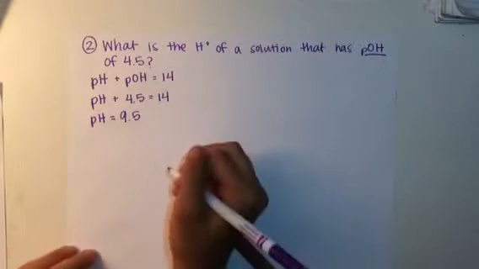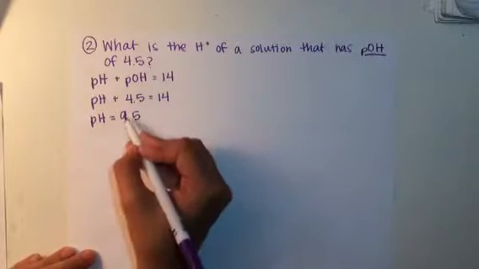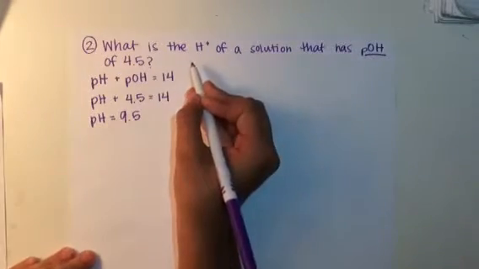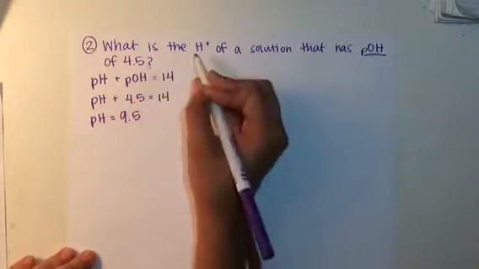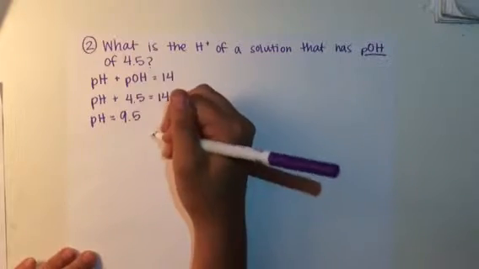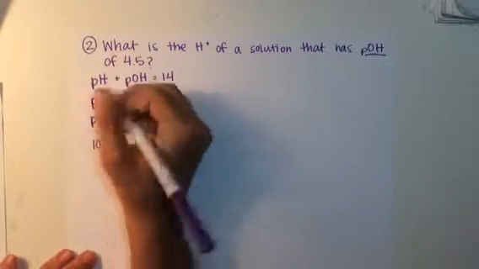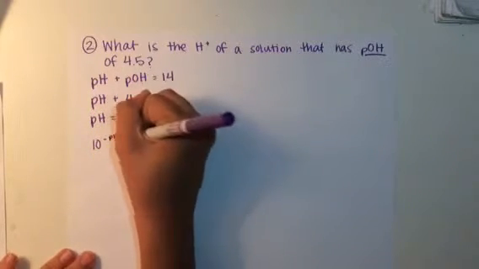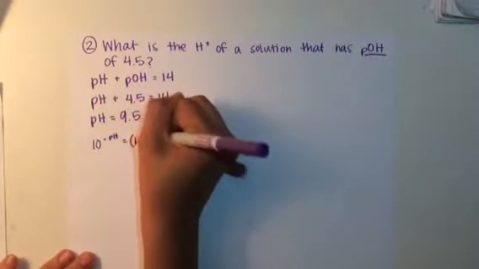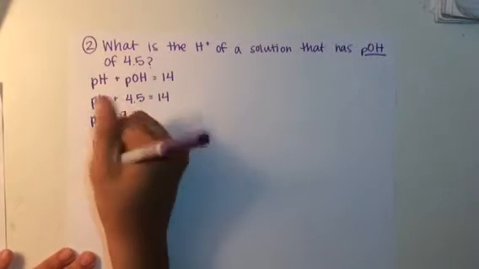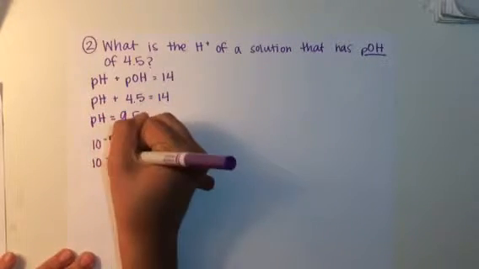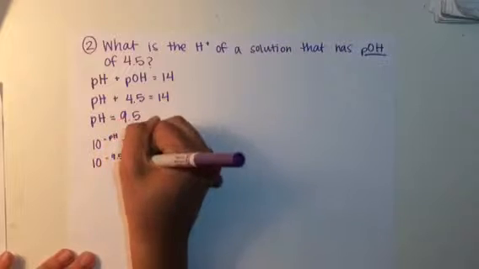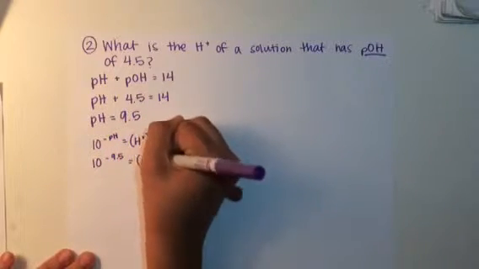Now what we do is the same thing we did in example 1. Oh, just kidding, it's a little bit different. So now we're going from pH to a positive charge, whereas in the last example we went from a positive charge to pH. So the formula for this is 10 to the negative power of your pH equals this positive charge. So we're going to plug in our pH, 10 to the negative 9.5 power equals this.